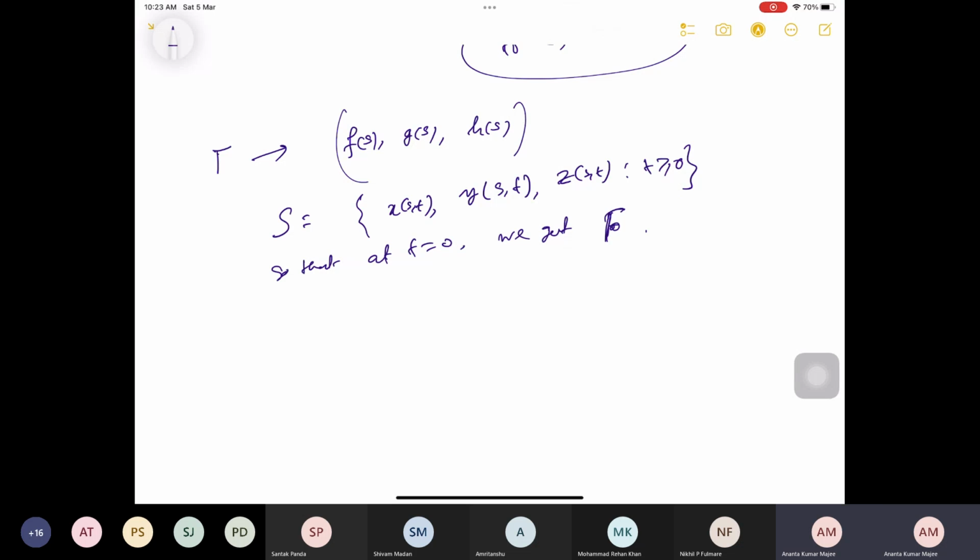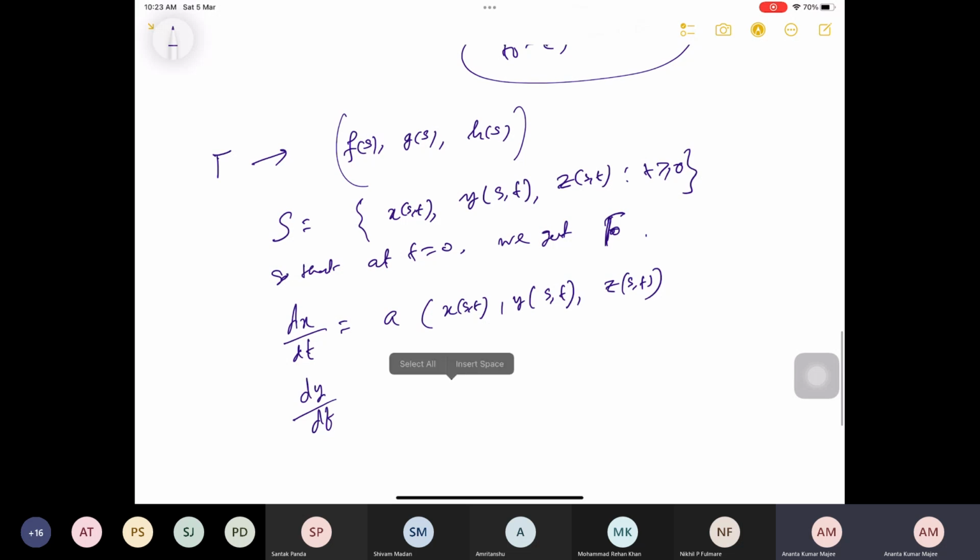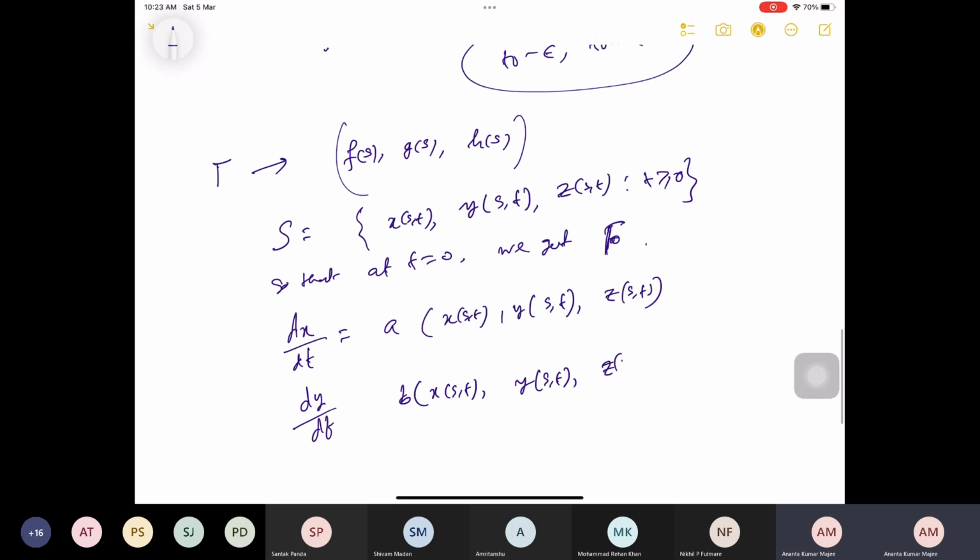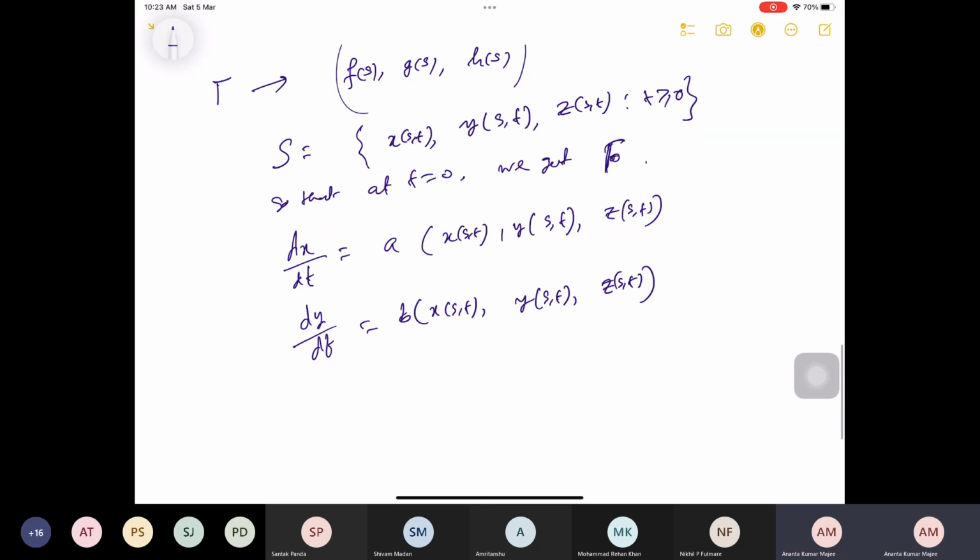So it should satisfy the following initial condition: dx/dt, which should be my A of X of S, T, Y of S, T, Z of S, T. Similarly, dy/dt is B of X of S, T, Y of S, T, Z of S, T. Okay, so I need an initial condition.